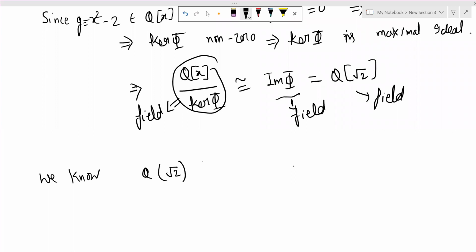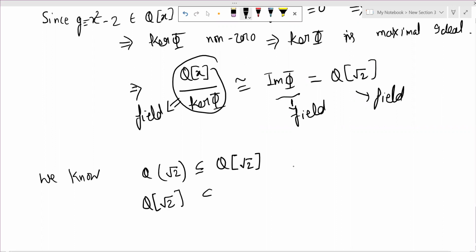So this should be smaller than this one always. Since we know Q(root 2) is the smallest field, it should be contained in this one because this is also a field. But Q[root 2] is always contained in Q(root 2).